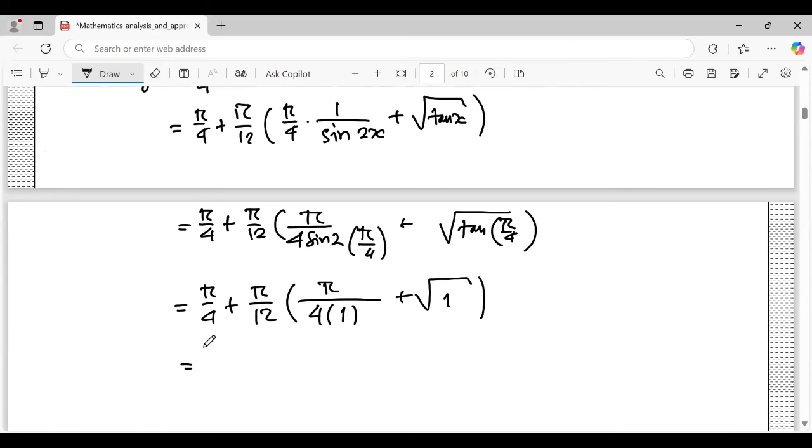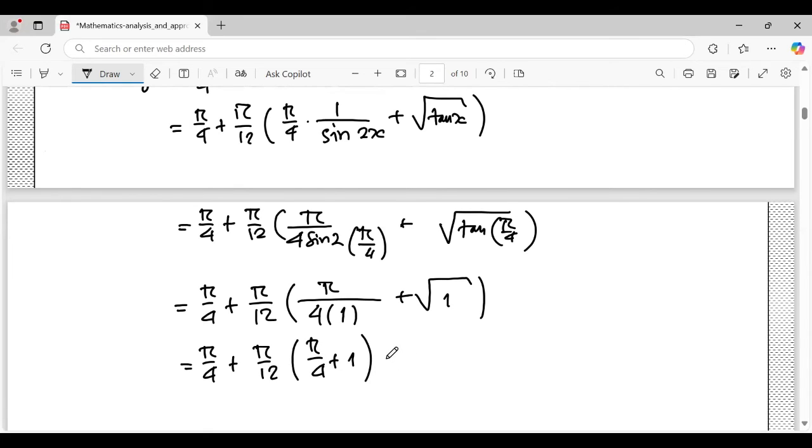So it becomes pi over 4 plus pi over 12 times (pi over 4 plus 1).